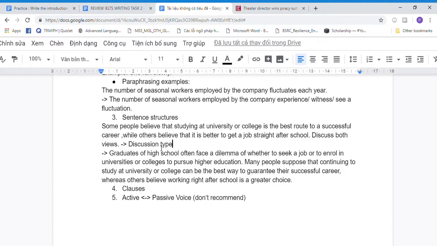Discussion question type, right? In IELTS writing test 2. So we'll go over it a little bit later, but I just want to mention.